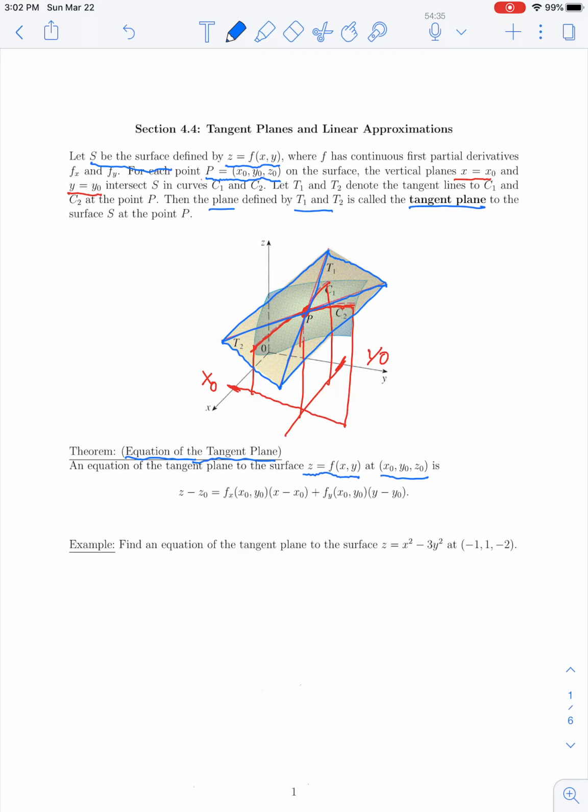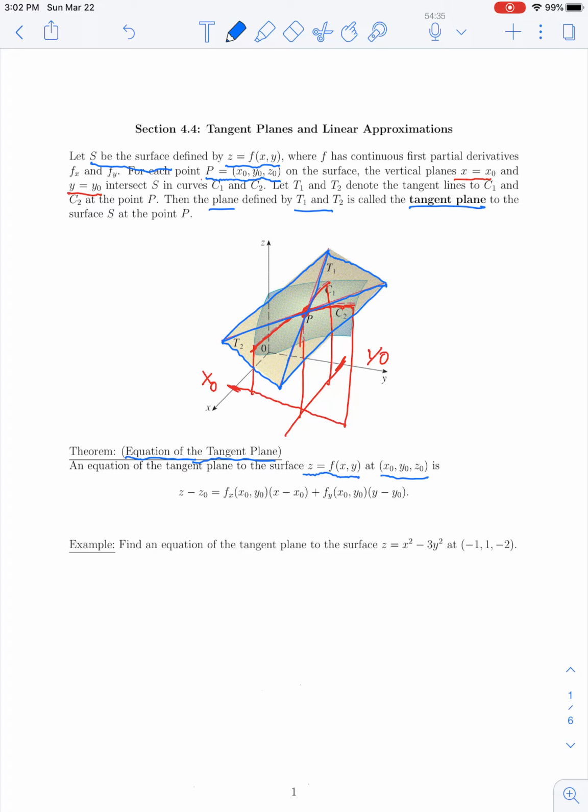So this theorem says the equation of that tangent plane is given by z minus z naught equal to the partial derivative of f with respect to x evaluated at the point x naught, y naught, times x minus x naught, plus the partial derivative of f with respect to y at the point x naught, y naught, times y minus y naught.